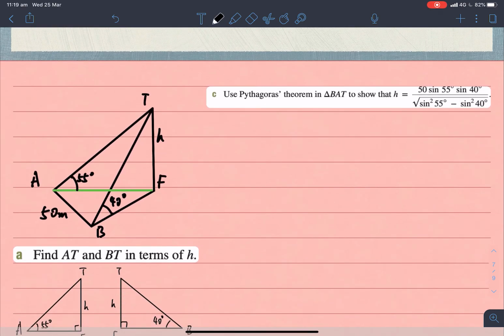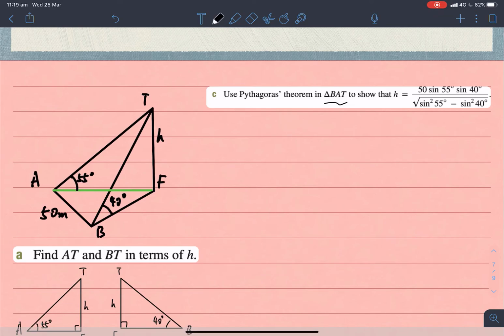Use Pythagoras theorem in BAT to show that H is that.